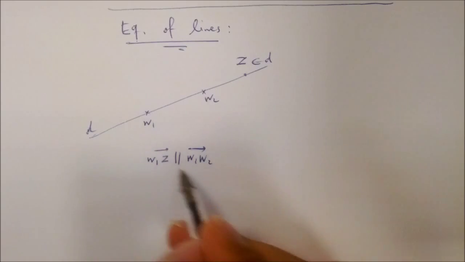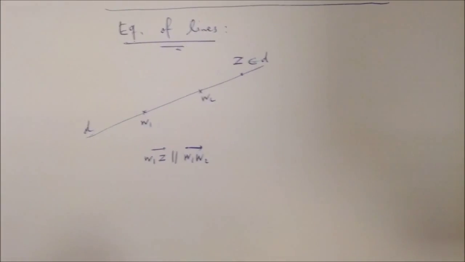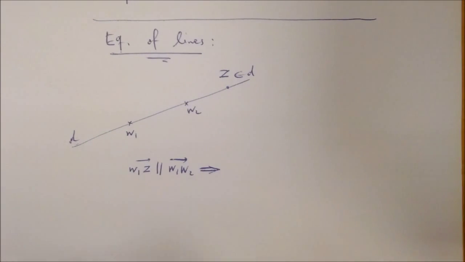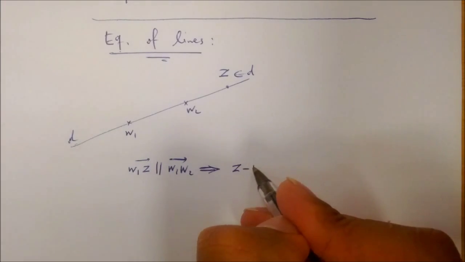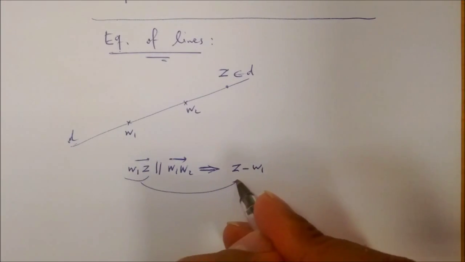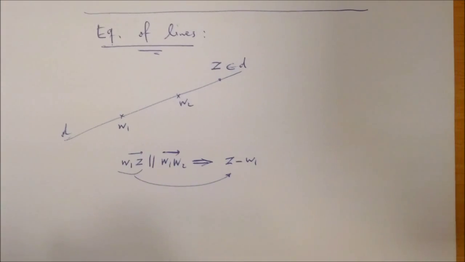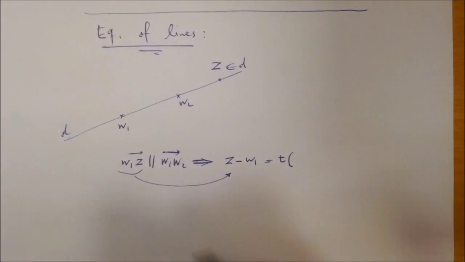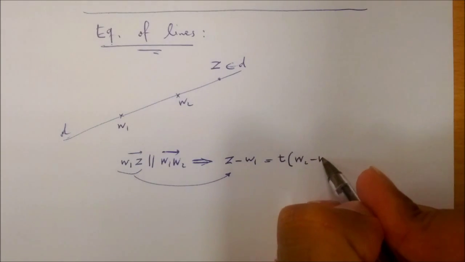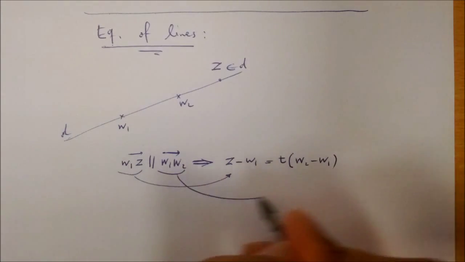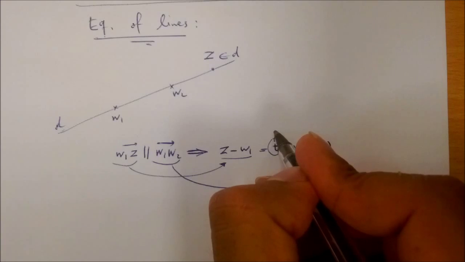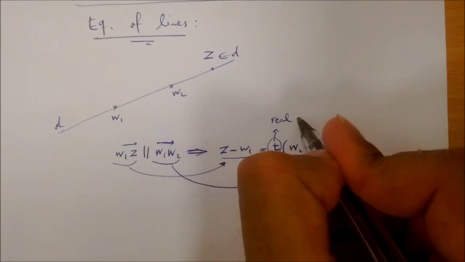So this vector will be a multiple of this one. And in the complex number notation, we will have z minus w1, which is the representation of this vector, will be t times (w2 minus w1), which is a representation of this vector. And t is basically a real number.